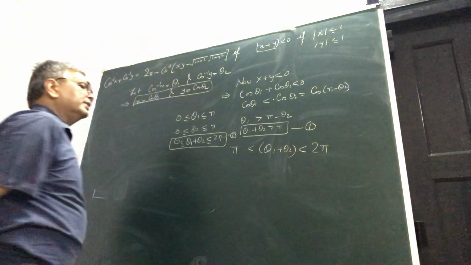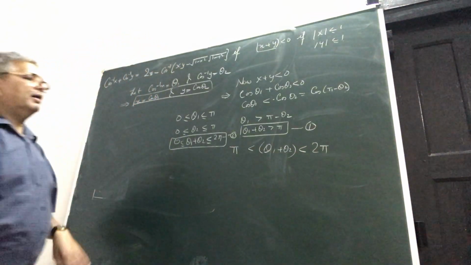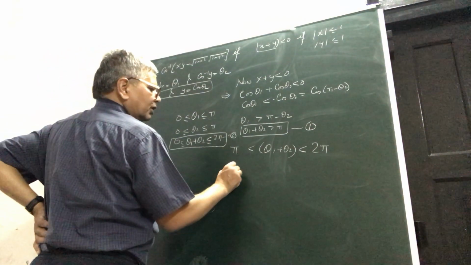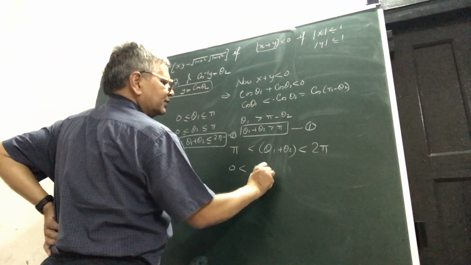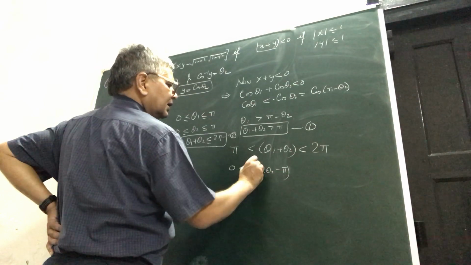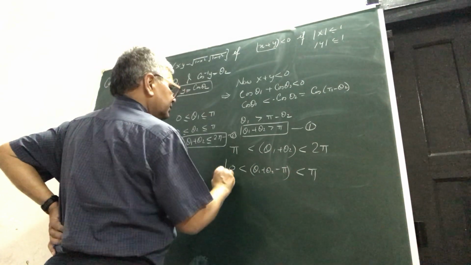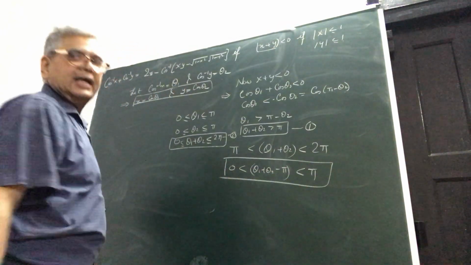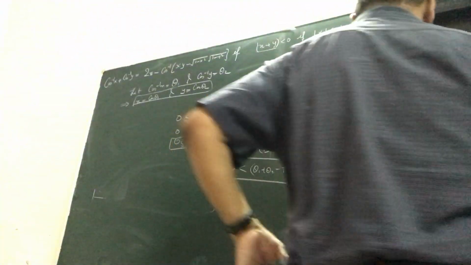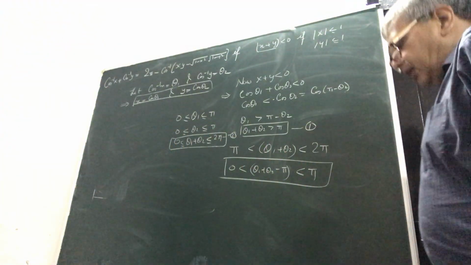So what we need to do is subtract pi throughout. So what we will get? 0 is less than theta 1 plus theta 2 minus pi, and this is less than pi. So this thing is in the principal branch.